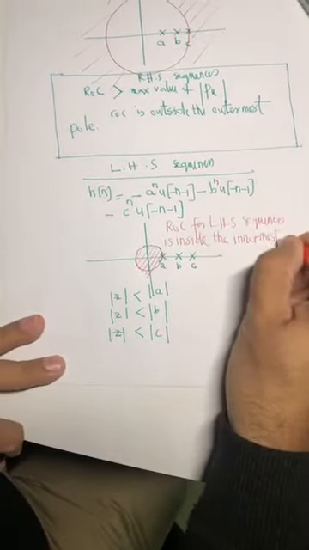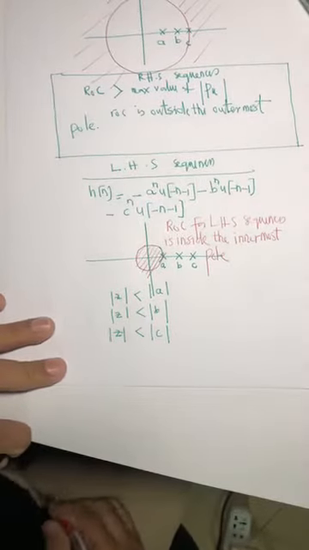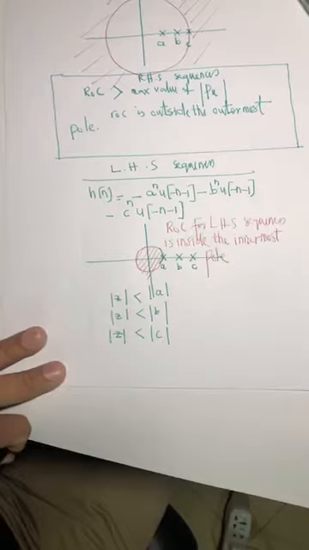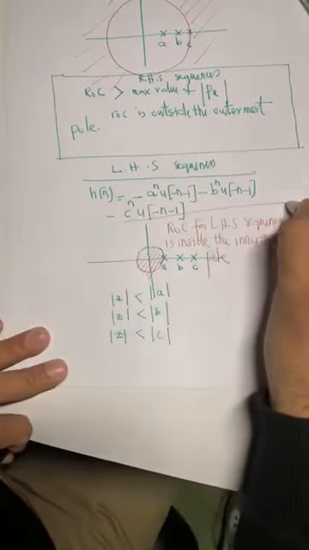Innermost pole. So again, very important relationship. The region of convergence for left hand side sequences is inside the innermost pole, so this is very important.